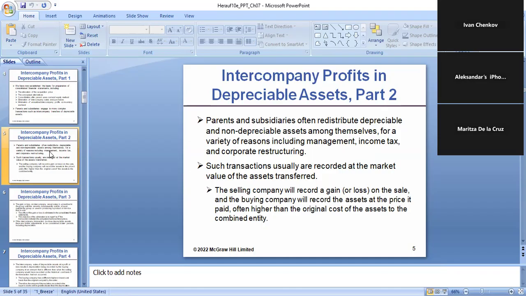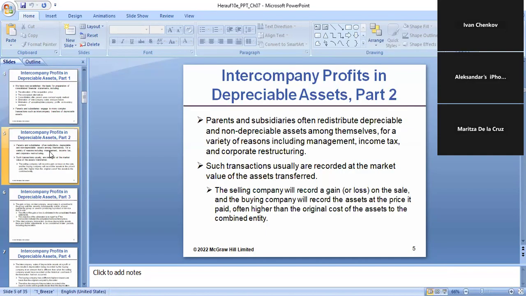In this case, the parent and subsidiary often redistribute depreciable or non-depreciable assets between each other. Those transactions are usually recorded at the market price, but sometimes can be different.